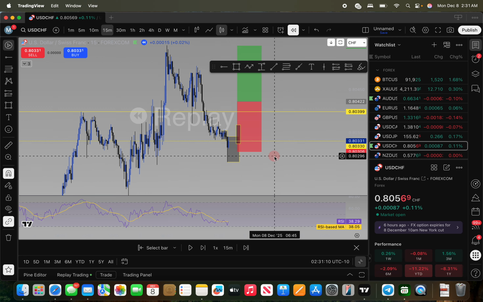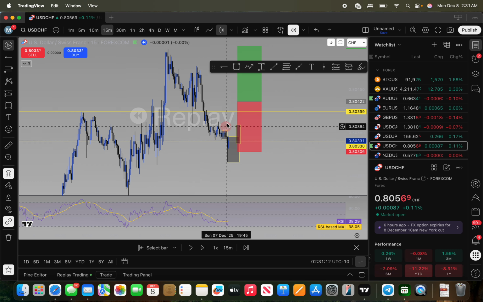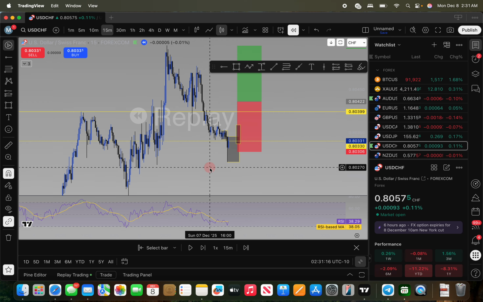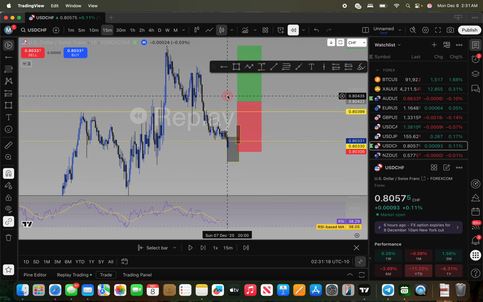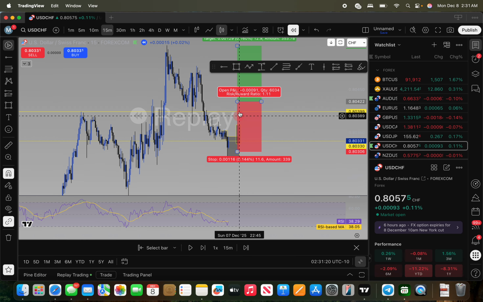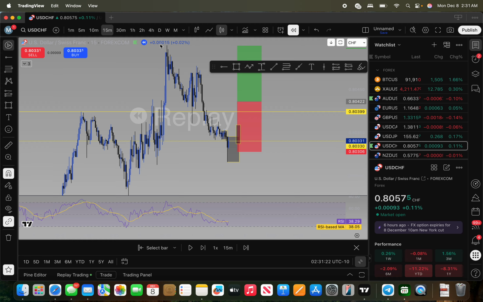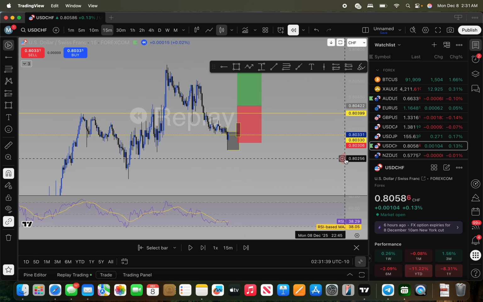And it got accepted again on the second POI, but I felt like the second POI already got tapped, so I wanted more confirmation, a close outside the first POI, to be safe.